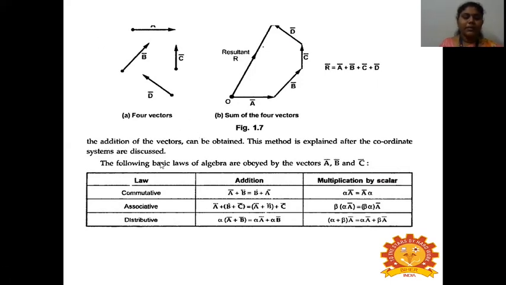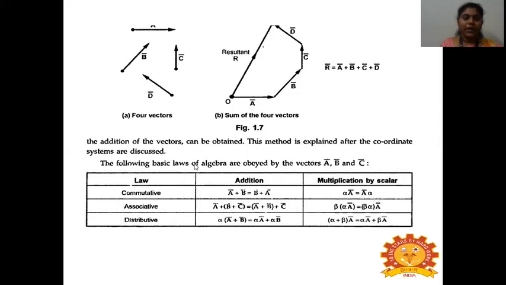Next we will see some laws, that is the commutative law for addition as well as multiplication by a scalar. For addition it is given as A vector plus B vector equals B vector plus A vector, and for multiplication, alpha times A vector equals A times alpha.